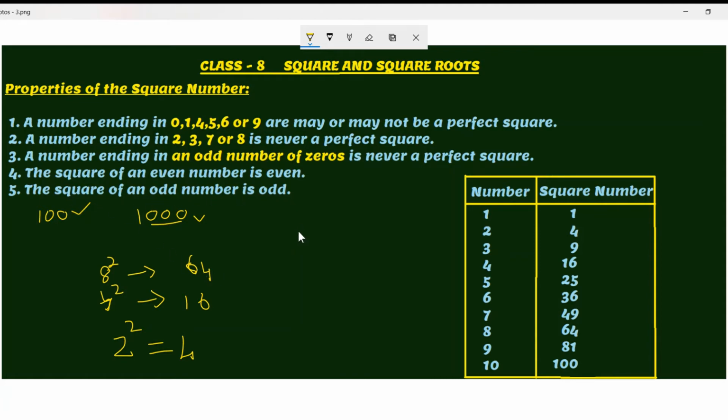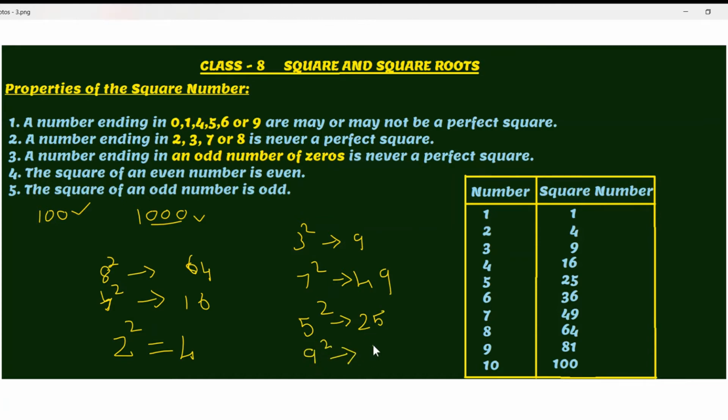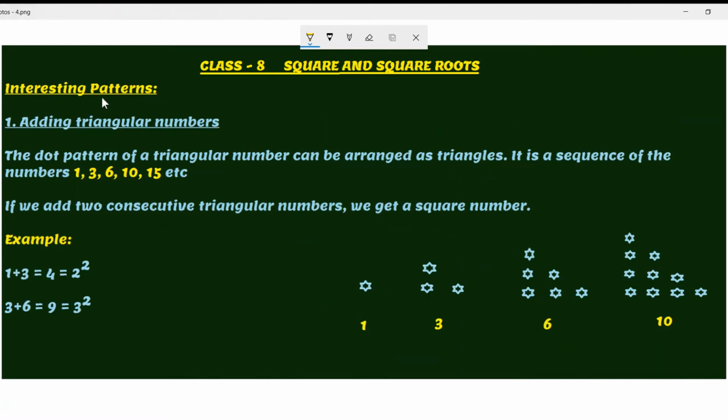You can check that. 3 square is 9. 7 square is 49 and 5 square is 25. 9 square is 81. You can see all are odd numbers. So the square of an even number is even and the square of an odd number is odd. Let's move on to the next page.